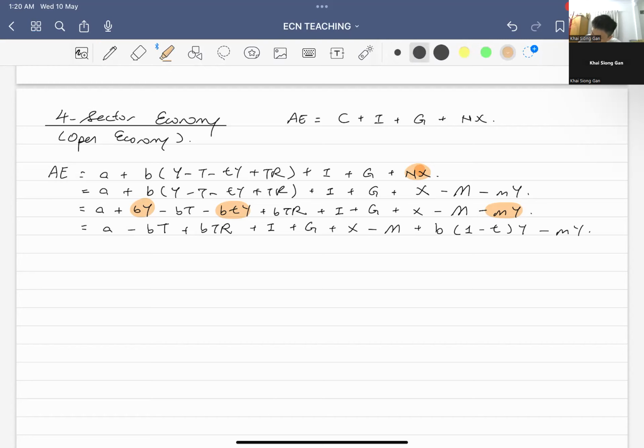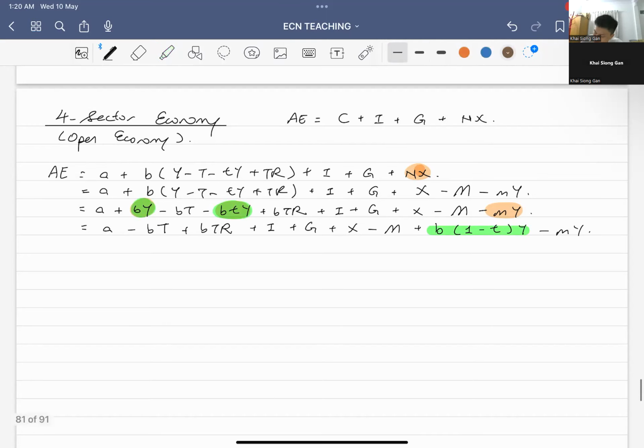So you can see this part over here, b bracket 1 minus t Y, is basically to cover this one and this one. So I factorize it straight away. The reason why I arranged it this way is just to show you that I put those autonomous components on the front side of the equation, and put those induced expenditures at the back.